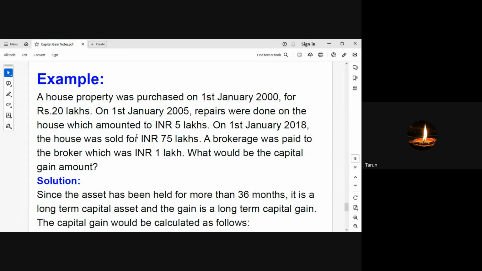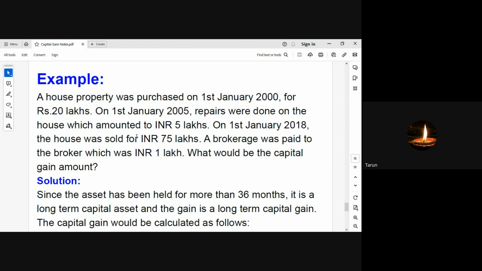If a numerical question is given to you, you need to check whether such an asset is a long-term capital asset or a short-term capital asset. An example is given here. A house property was purchased on 1st January 2000 for 20 lakhs, and on 1st January 2005 repairs were done on the house amounting to 5 million.